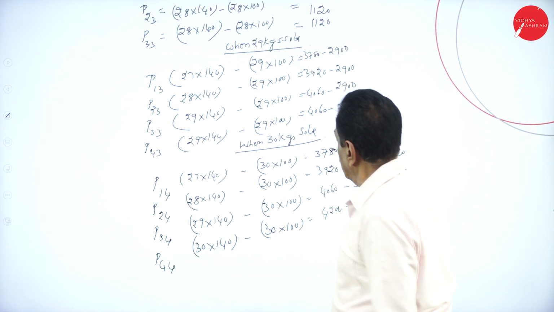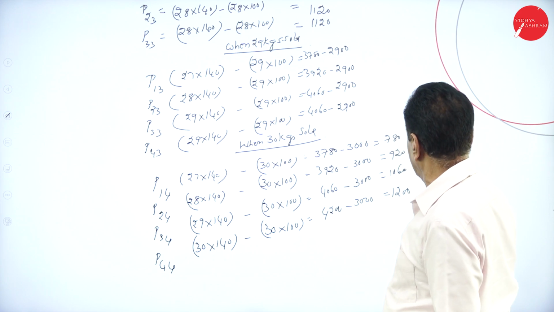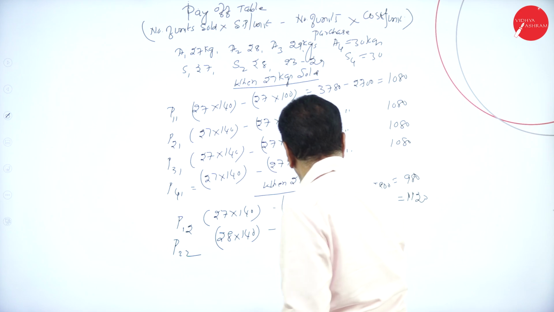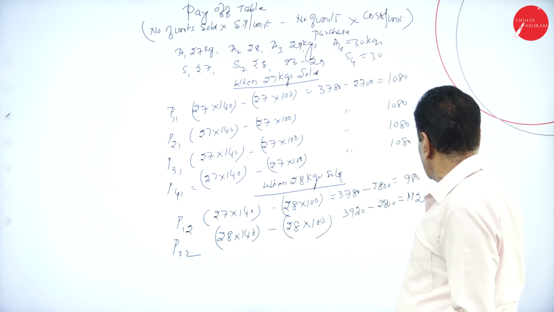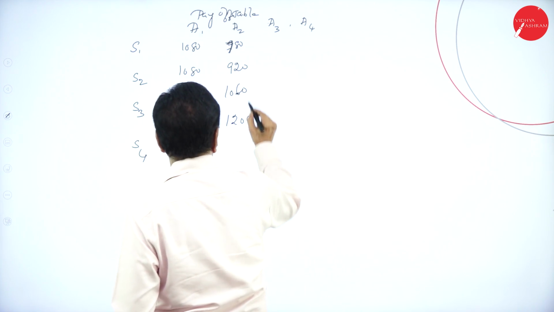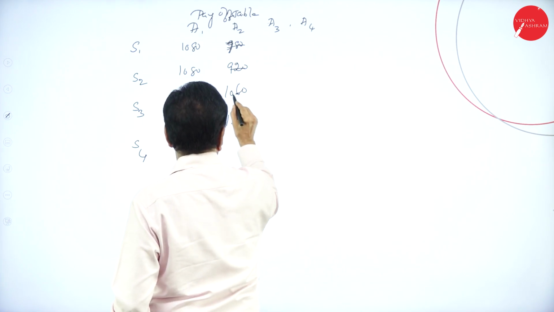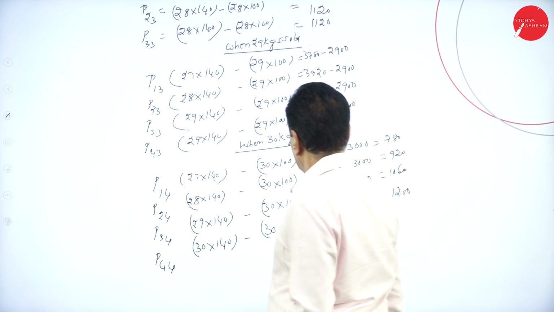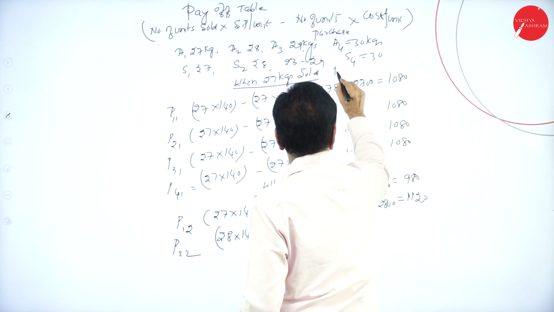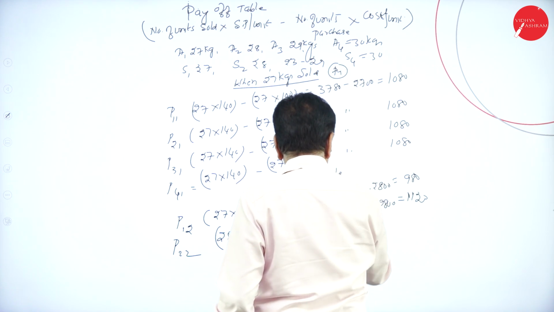Then A3, 29 kgs. Sorry, 28 kgs, 980, then 1120. Write it here. What's A2? This is your A1, A2.